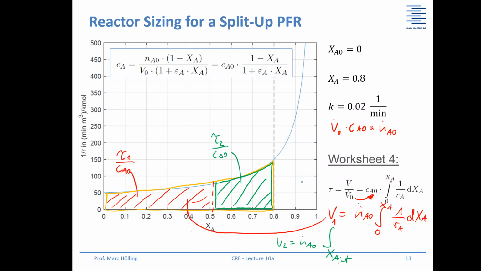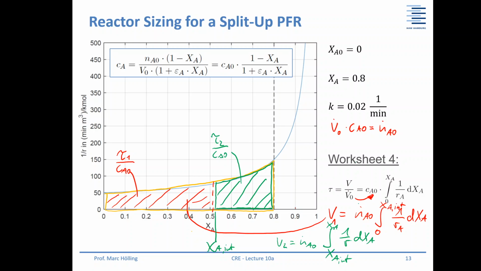So this would be this value here, XA int, up to your outlet, integration XA 1 over R dXA. And sorry about the confusion, I forgot here to write internal. So for your volume 1, you stop here with the integration only up to XA intermediate. Okay.